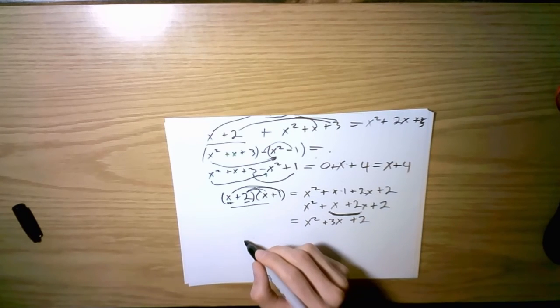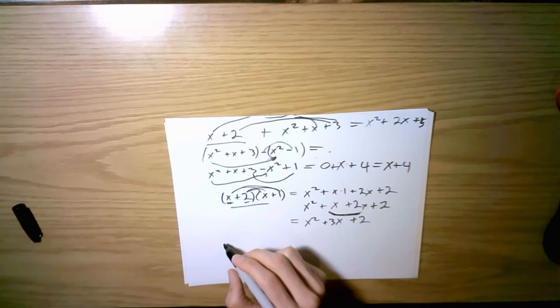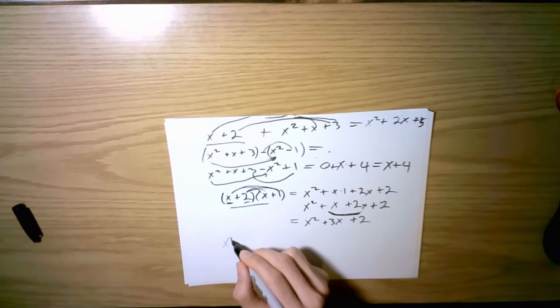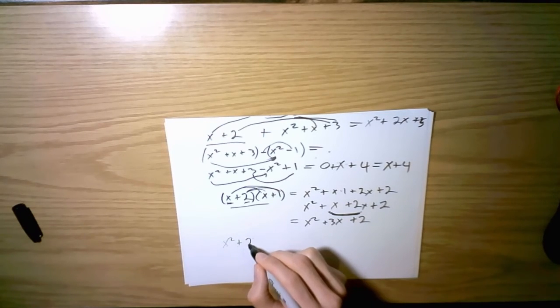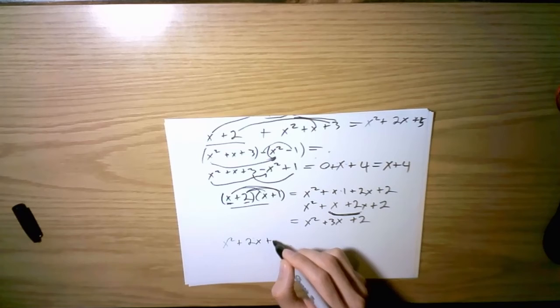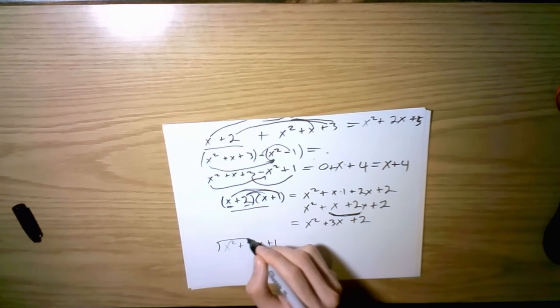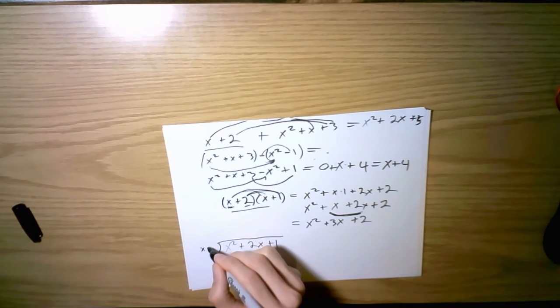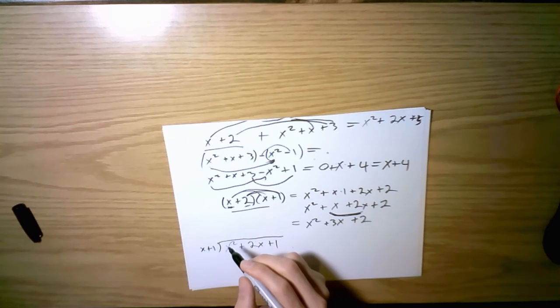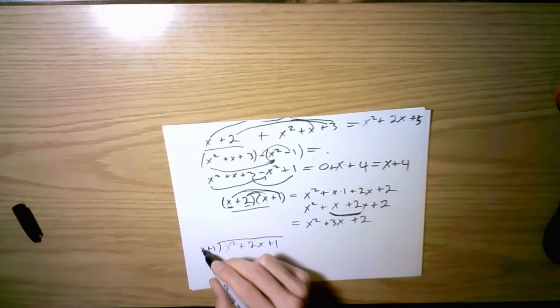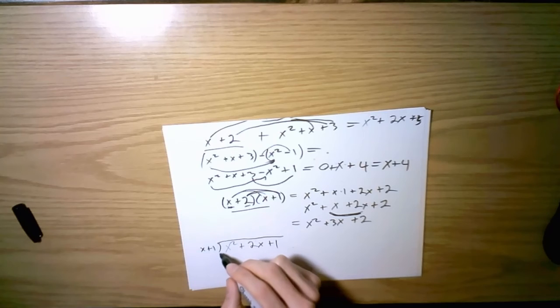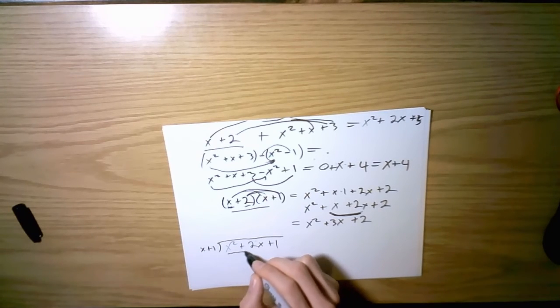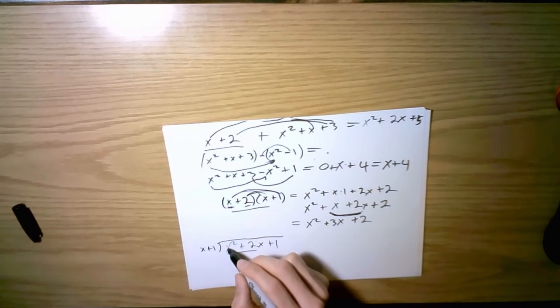When you're dividing, let's say you have x squared plus 2x plus 1 divided by x plus 1. Alright, so you want to multiply this by something that will make you be able to cancel out this x squared.